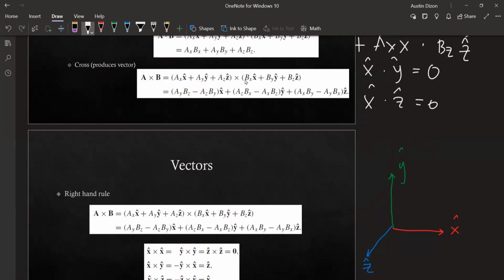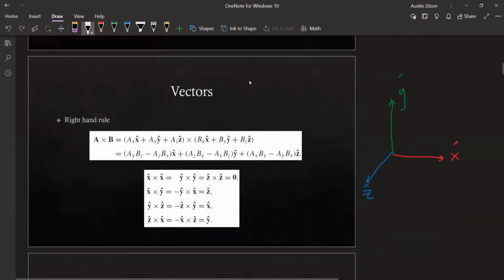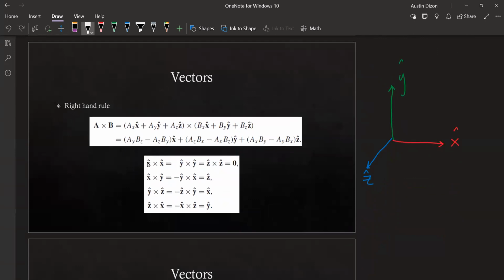So, itong ax times bx, nawawala yun kasi yung cross product ng x hat with x hat is just 0. Di ba? Naalala natin sa cross product natin, kapag parallel yung vectors, ang mangyayari is 0 yung cross products nila.